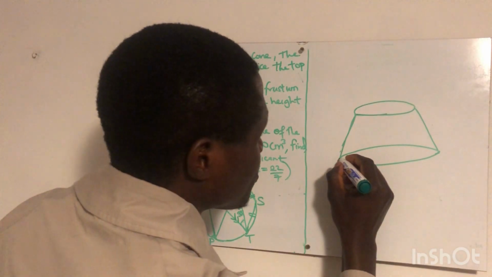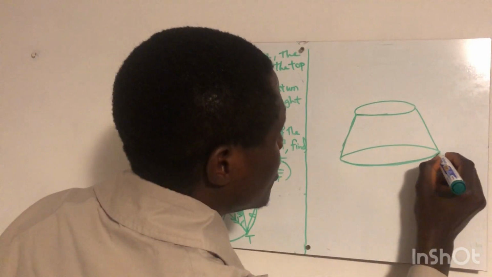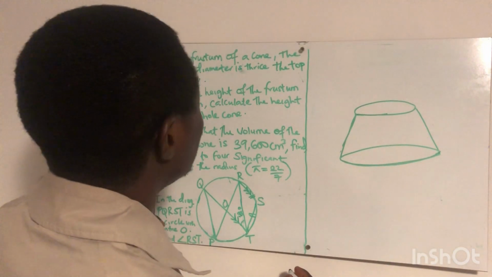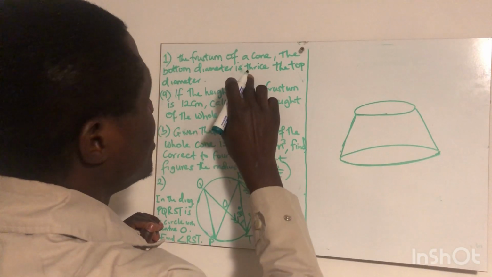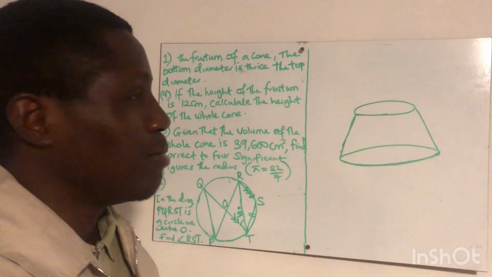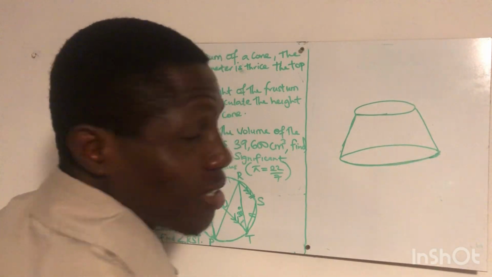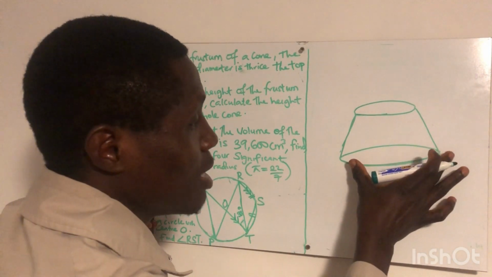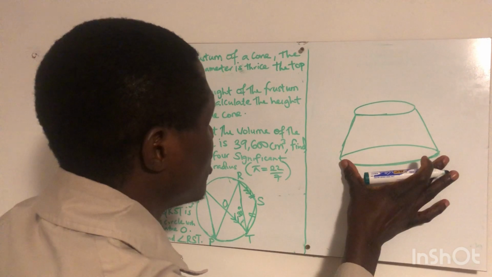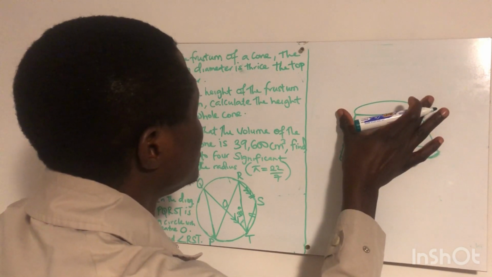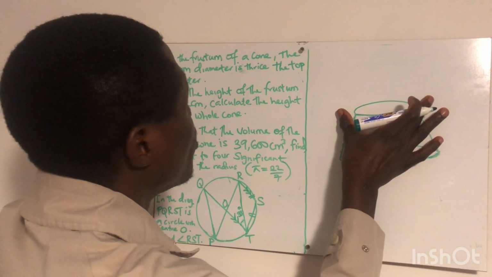So now we have a frustum, and we are told that the bottom diameter is thrice the top diameter. This is a circle, and every circle has a diameter. This bottom diameter is 3 times the top diameter.